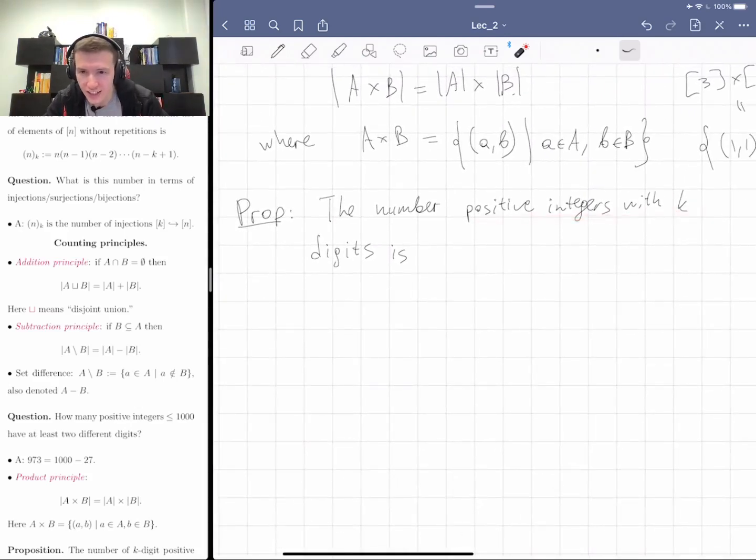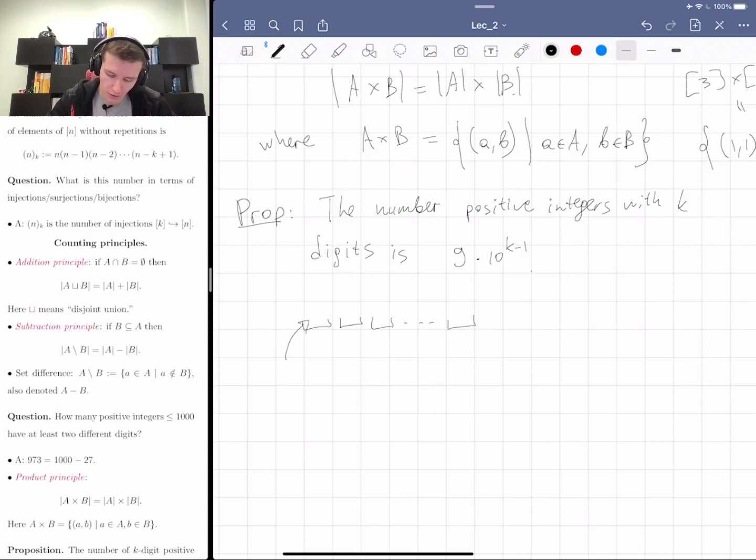Okay, thanks. All right. So does anybody know how many positive integers with k digits there are? Okay, 9 times 10 to the k minus 1. That's true. Thank you. 9 times 10 to the k minus 1. And the reason is that if you have your k places, then the first place has to be non-zero, so it has to be a number between 1 and 9, so it has 9 options.